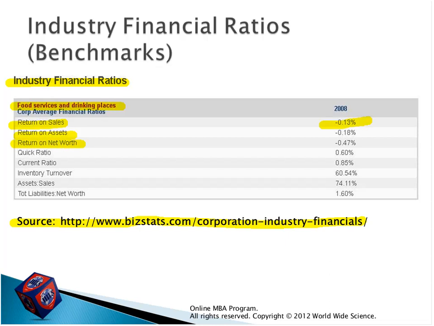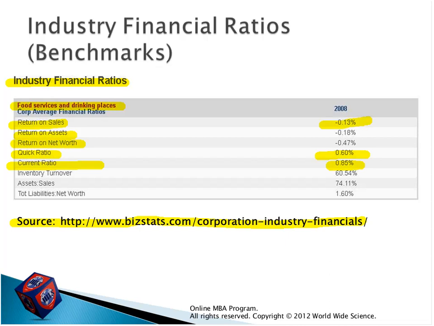Quick ratio, you can see the quick ratio is around 60%. The current ratio is 85%. What does that mean?